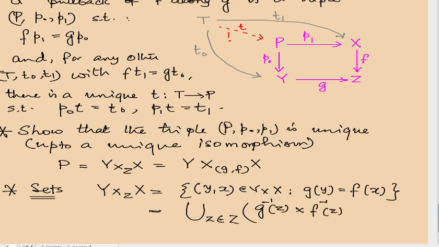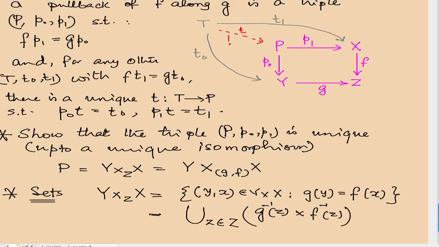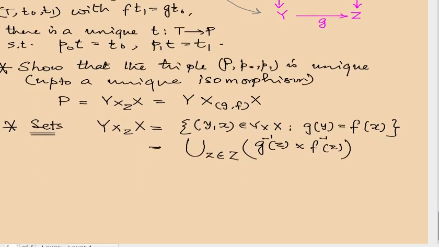So you look into the fibers of g and f, so that's why it's called the fibered product. Pullback or the fibered product. So that's the notion of a pullback.